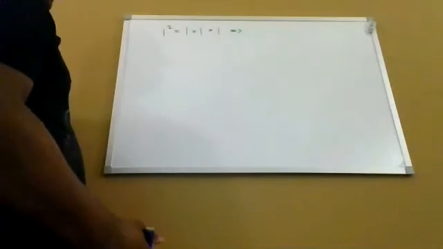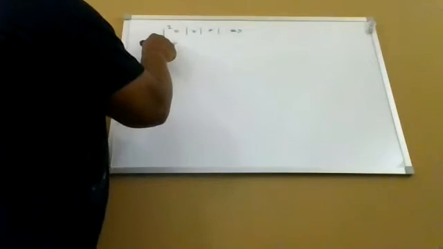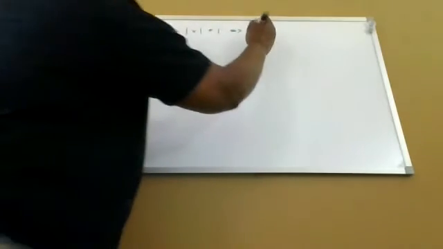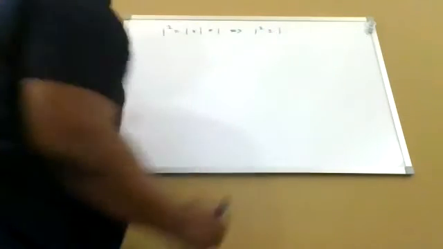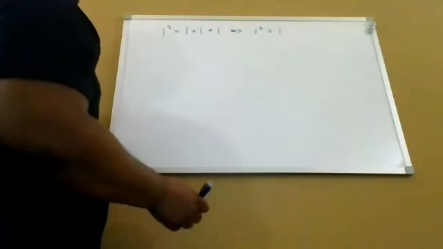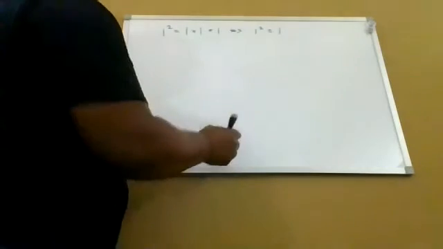So what can we say about this? Well, let's rewrite this: 1 squared equals 1. And now what we're going to do is take the square root of both sides.